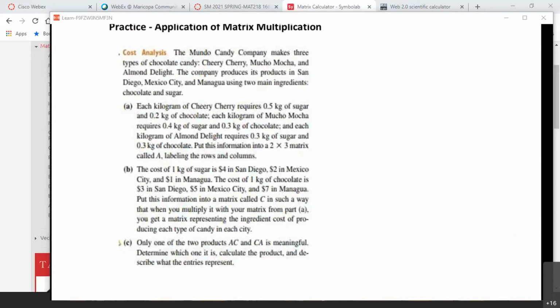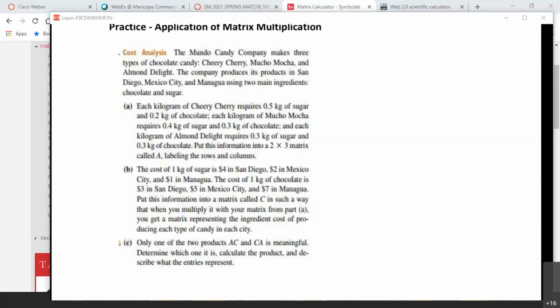So I have the Mundo Candy Company, and they make 3 types of chocolate candy, called Cheery Cherry, Mucho Mocha, and Almond Delight. The company produces products in San Diego, in Mexico City, and in Managua, Nicaragua, using 2 main ingredients, chocolate and sugar. Let's take a look at some of the information we got here.